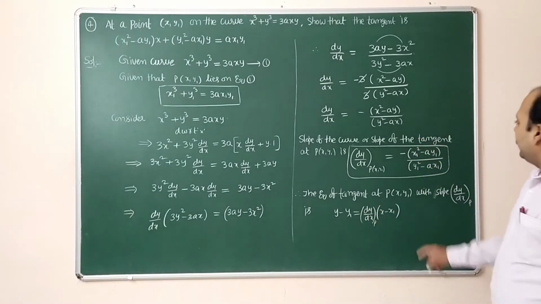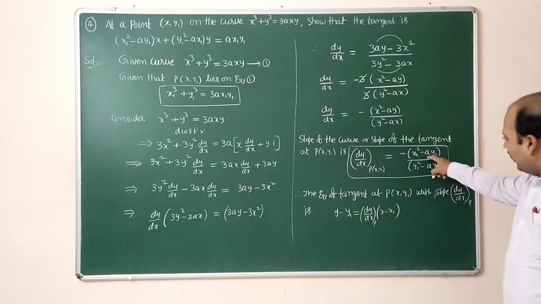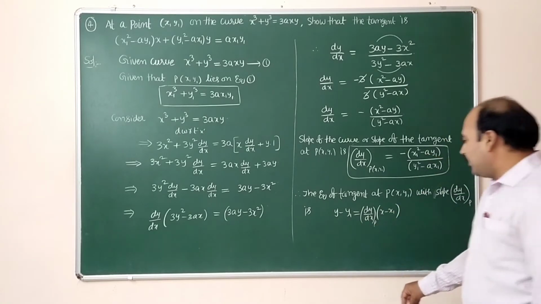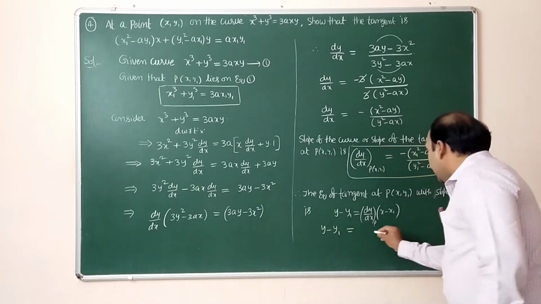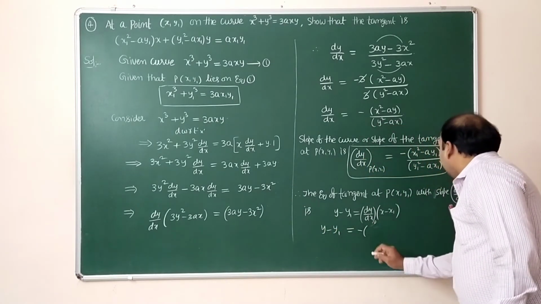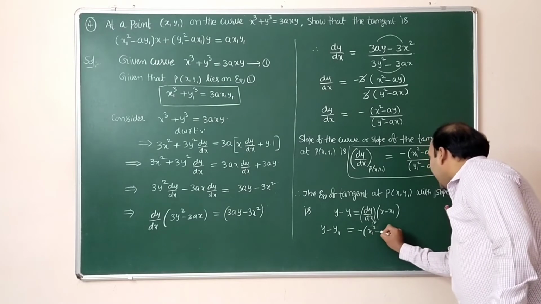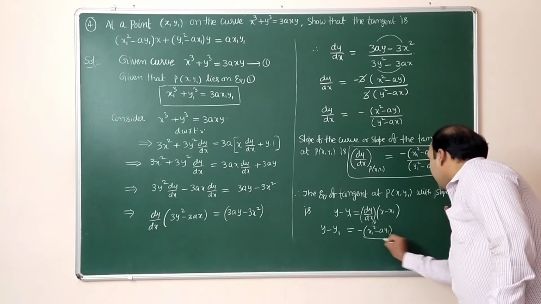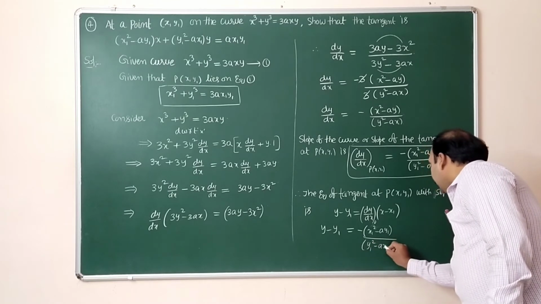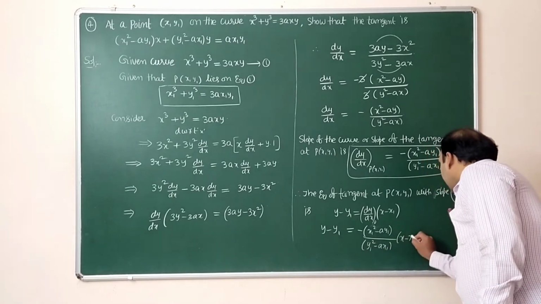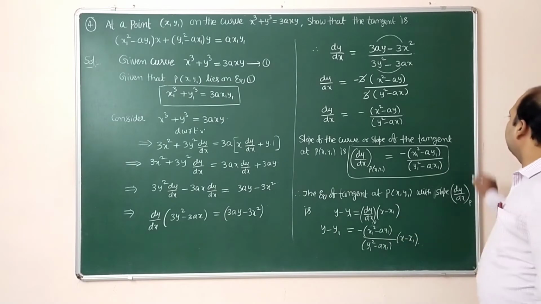Now in place of dy by dx at P, replace with this value and simplify. So y minus y1 is equal to minus of (x1 square minus ay1) divided by (y1 square minus ax1) into (x minus x1).